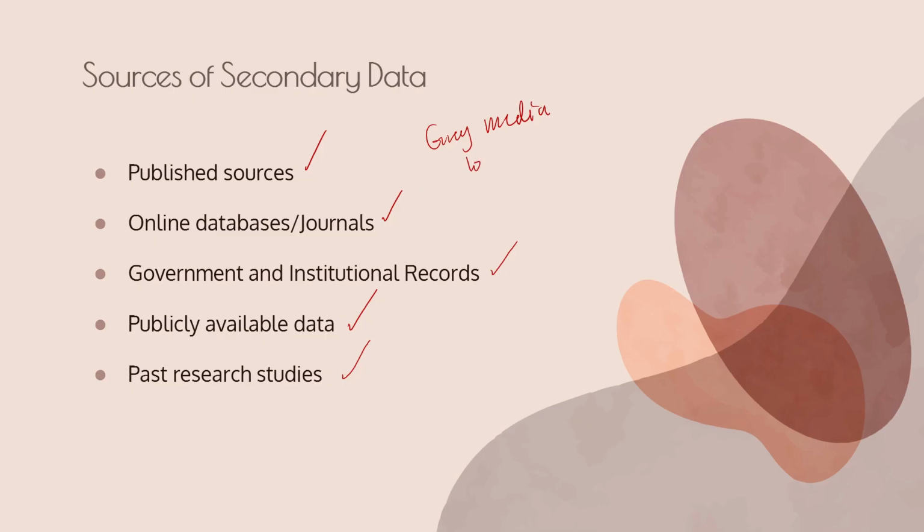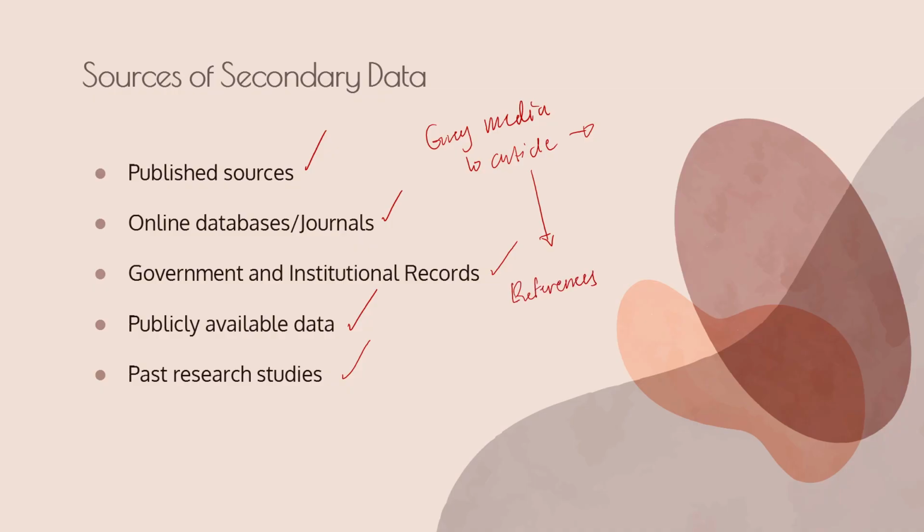So when we talk about gray media, what we're referring to are articles that are not peer reviewed, but are of course responsibly sourced. For instance, you see an article, it may not be peer reviewed, but sometimes they would list their references at the bottom.